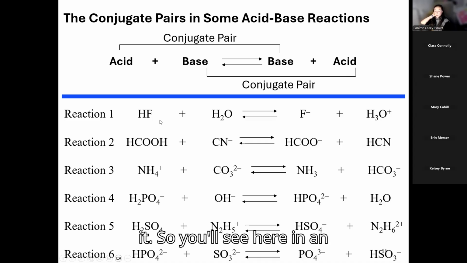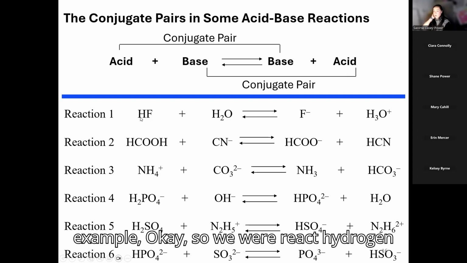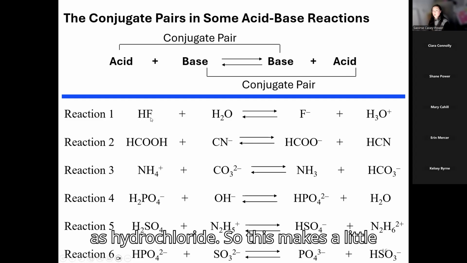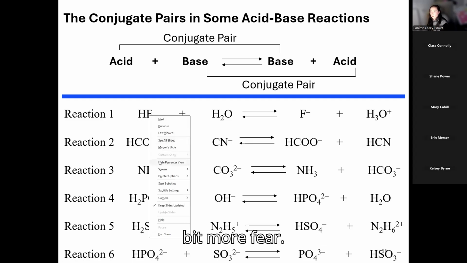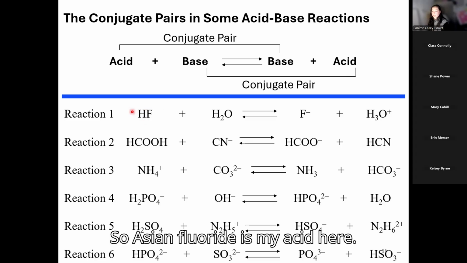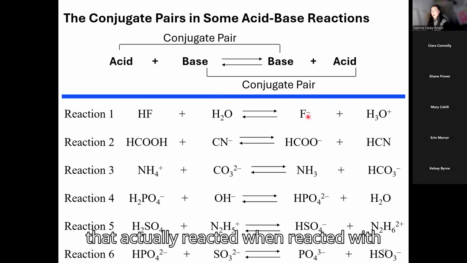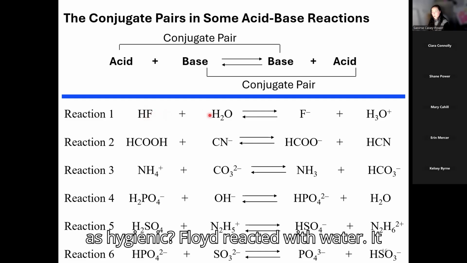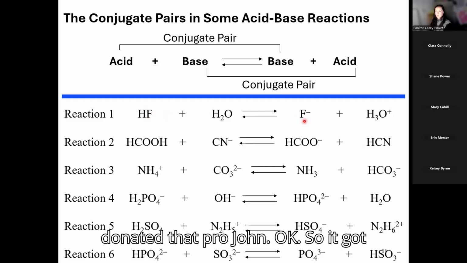So you'll see here in an example, when we react hydrogen fluoride with water. Hydrogen fluoride is my acid here. So I need to look at how that actually reacted with water. Can everyone see that as hydrogen fluoride reacted with water, it donated that proton?